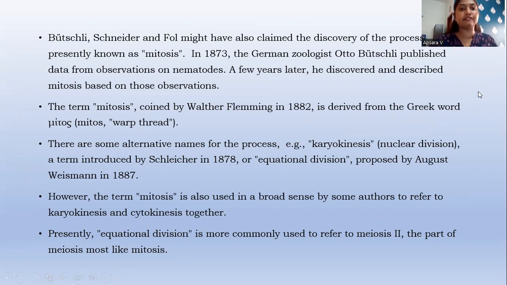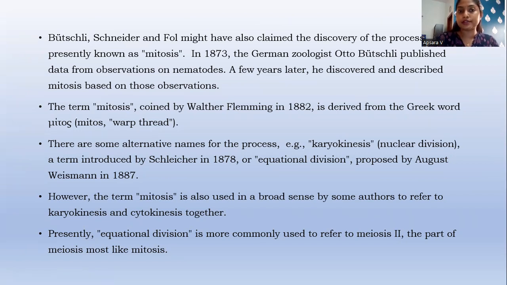Bütschli, Schneider, and Fol might have also claimed the discovery of the process which we refer to as mitosis. That is, in 1873, the German zoologist Otto Bütschli published data from observations which he made on nematodes. A few years later, he discovered and described mitosis based on those observations.